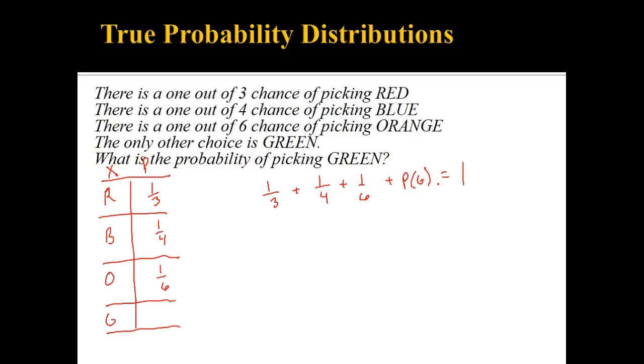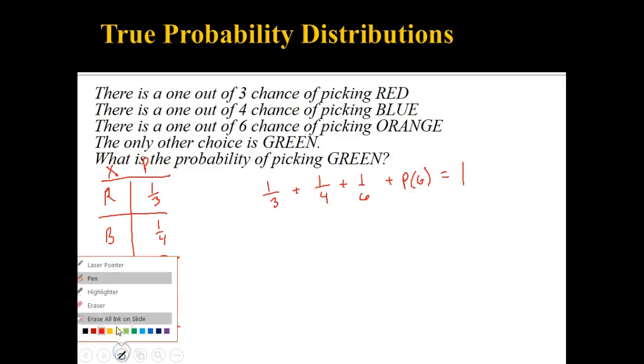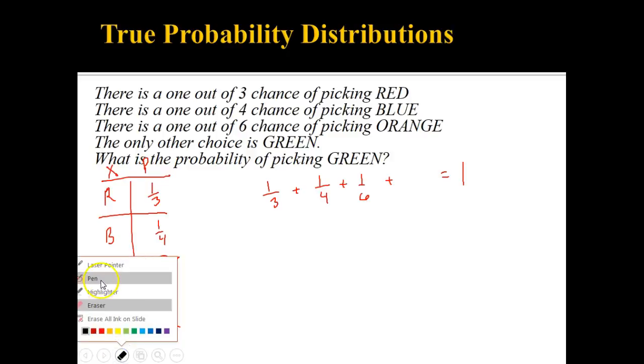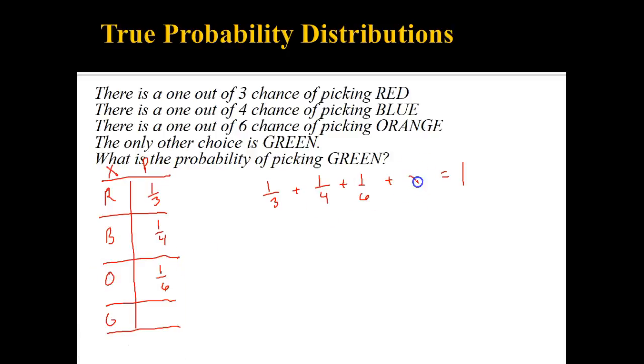I don't know what the probability of green is, but this is an equation I can solve. I think it would be easier to think about this if I put an X instead to stand for the probability of green, and we're going to solve for X.